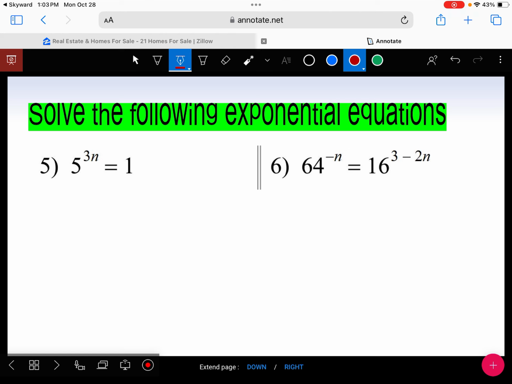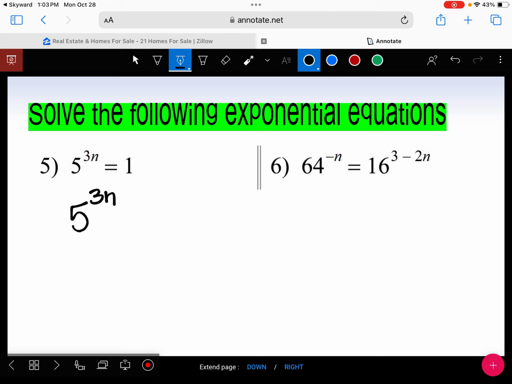All right, now these both are good, so we're going to do both of these. So this is a little tricky.